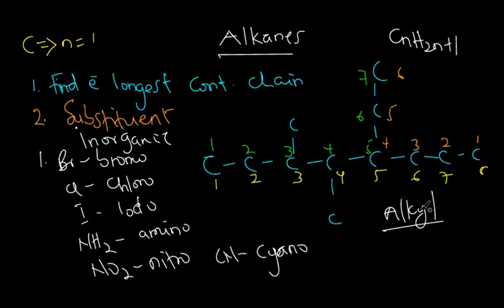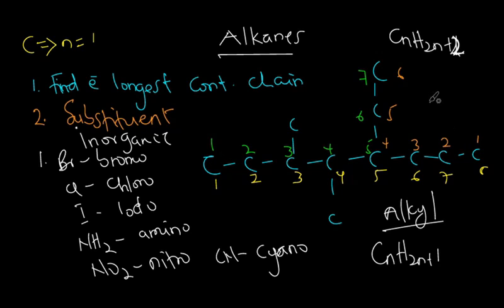The definition of an alkyl group is an alkane with one hydrogen lost. So for the alkyl group, the general formula is CnH2n plus 1.